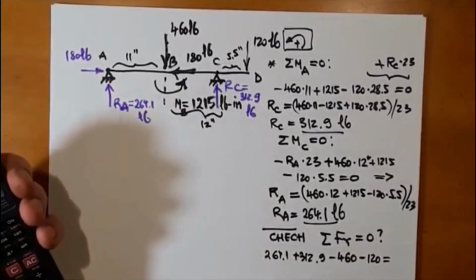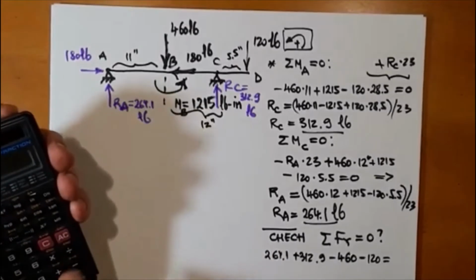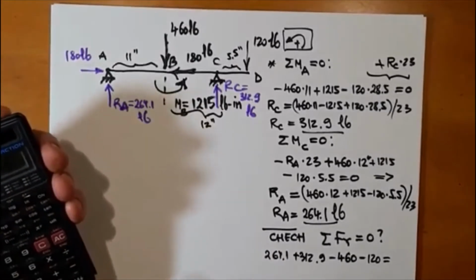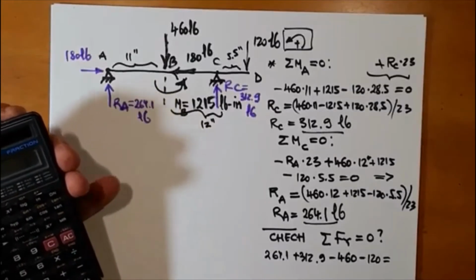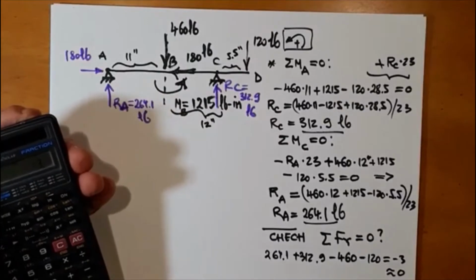So 264.1 plus 312.9 minus 460 minus 120 equals negative 3, which is almost 0.